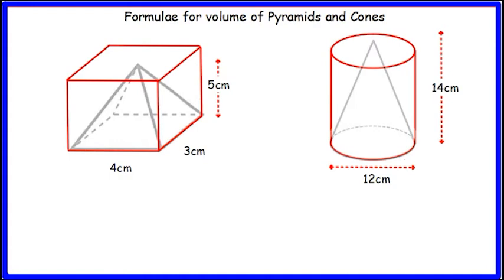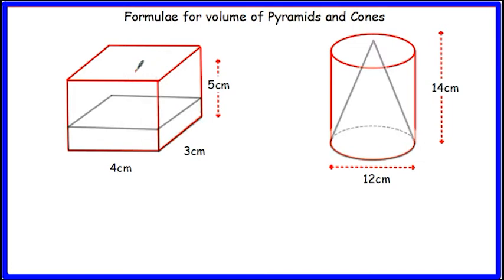Now, if you imagine this cone or this pyramid to be a piece of ice, if I melted that down, it would go to 1/3 of the height of the cuboid. If I was to melt the cylinder down, that would also go to 1/3.